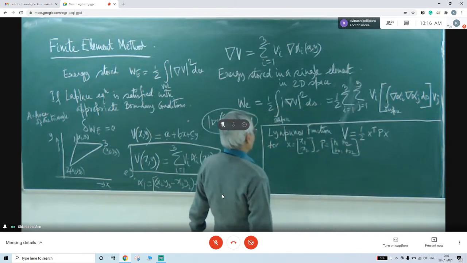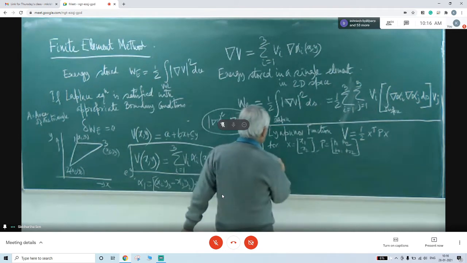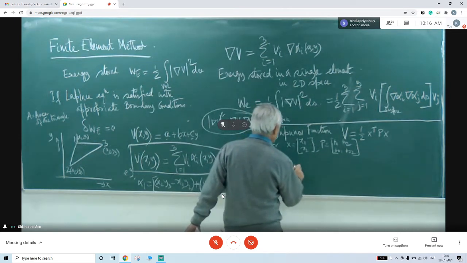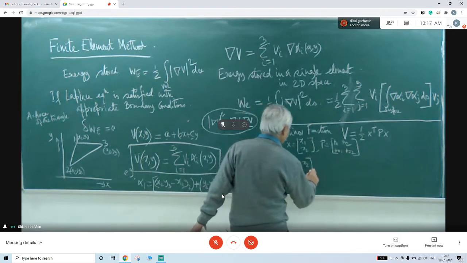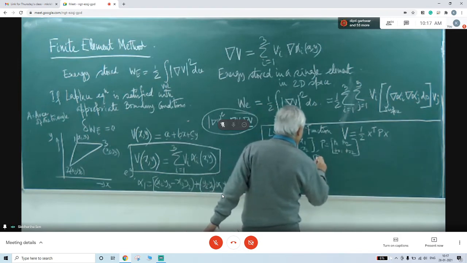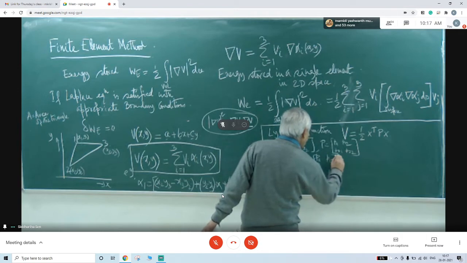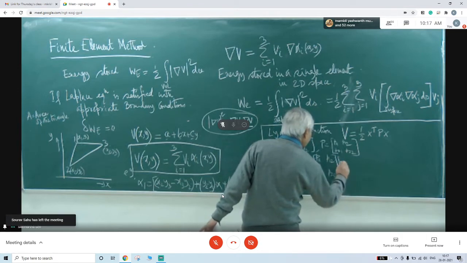So in that case, V is equal to half of x1, x2 into the matrix small p11, small p12, small p21, small p22 into x1, x2.